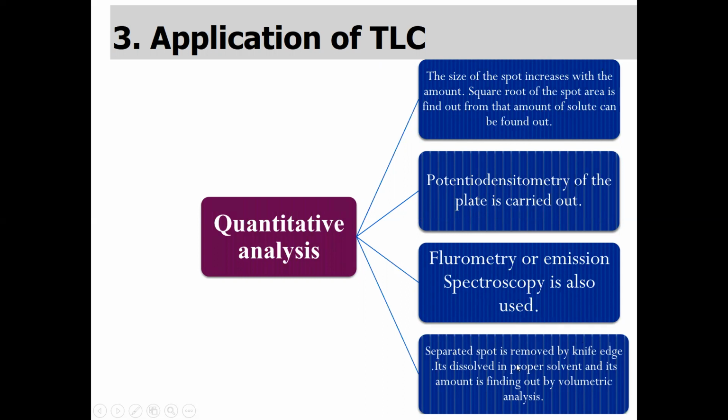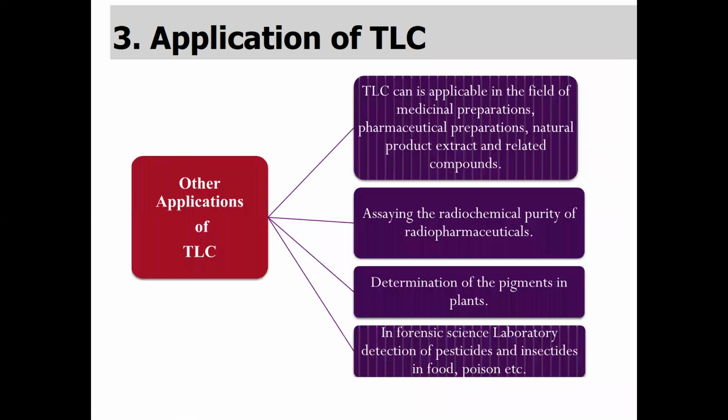And if the separated spot is removed by a knife edge from the TLC, this silica can be dissolved in a proper solvent, and this amount can be used for volumetric analysis. So these are some methods by which we can use TLC for quantitative analysis.